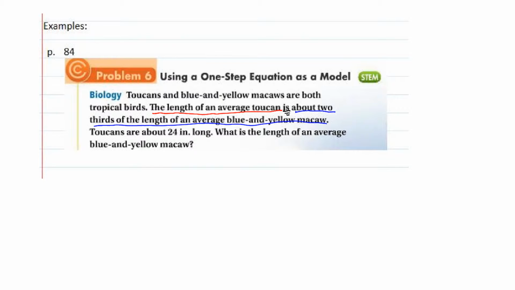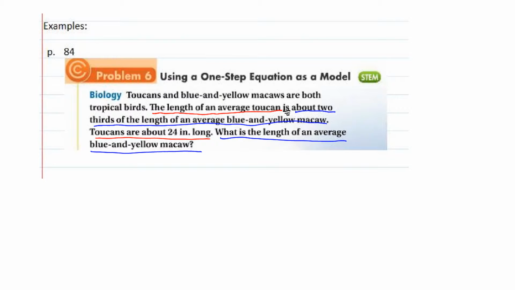What they're asking us here is what is the length of the blue and yellow macaw, and they tell us that the toucan is about 24 inches long.